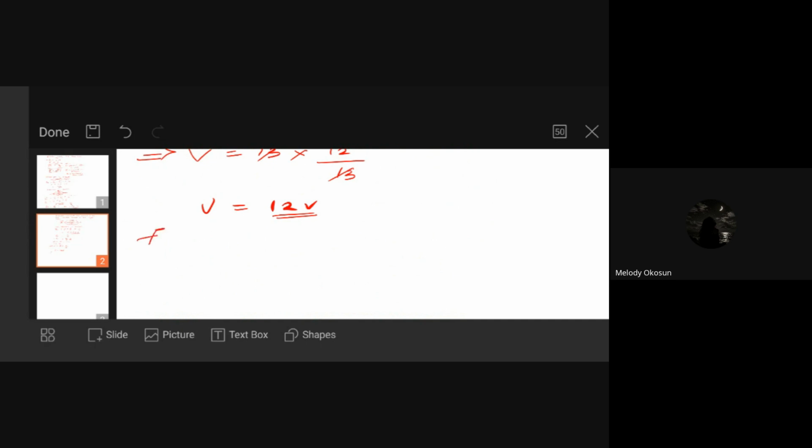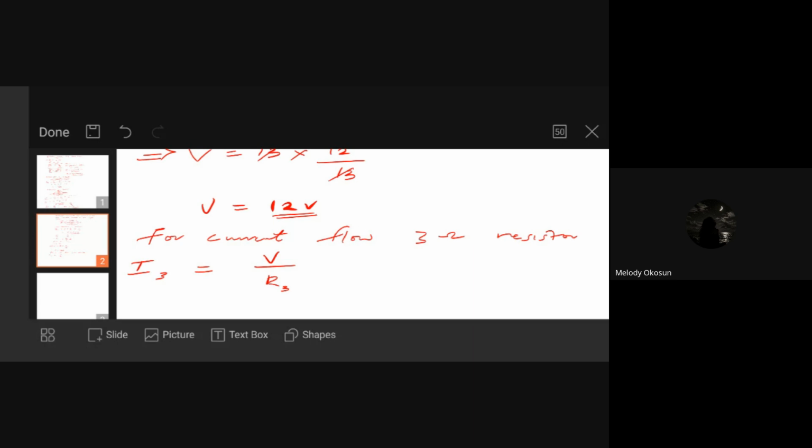For the current flowing through resistor 3, the 3 ohm resistor, I can say that my I3 is equal to V over R3.